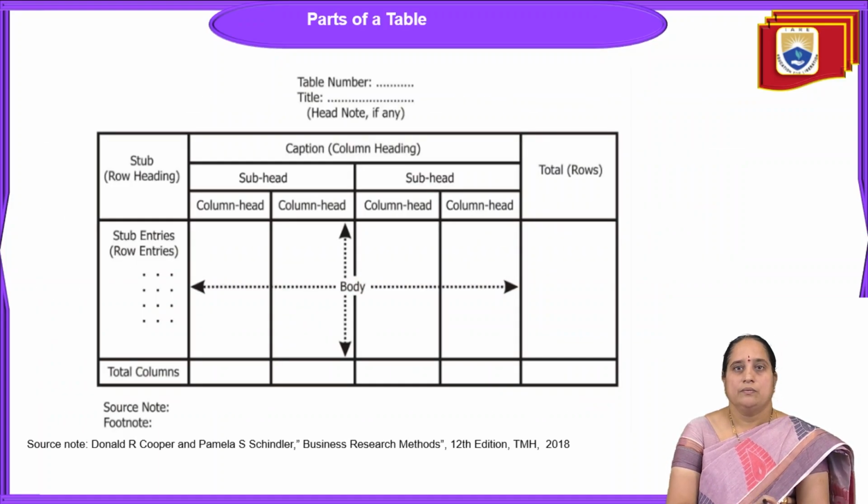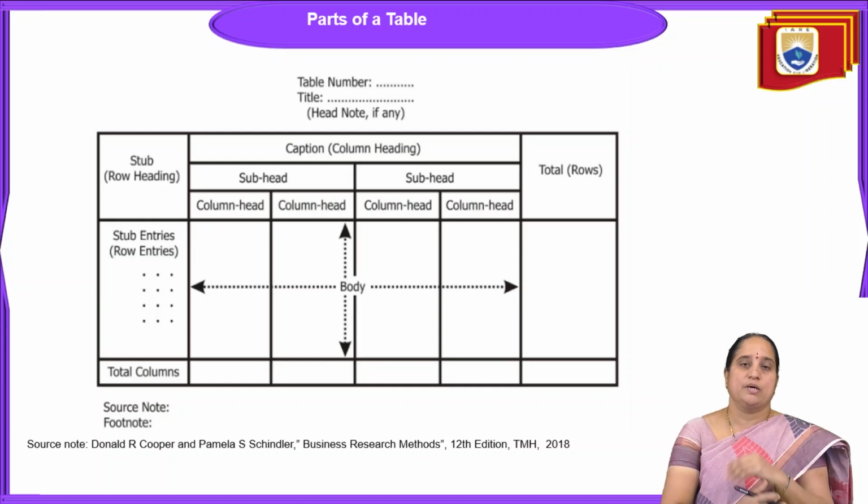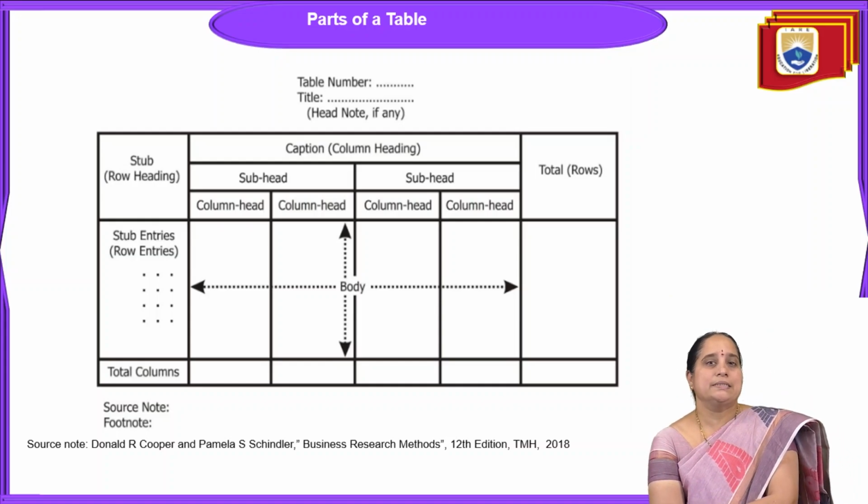This is the specimen of a table. It is essential to mention the table number, title, and also any head note. The table, as we know, is an arrangement of rows and columns. The row heading is known as stub and the column heading is known as caption.